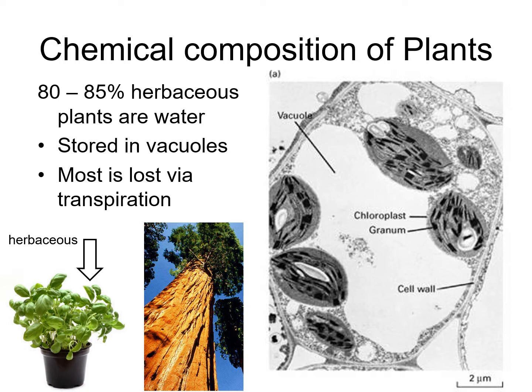If you can see on the right-hand side here, this transmission electron micrograph view of a cell, this large vacuole in the middle is full of water with a dilute solution of solutes, and that holds a lot of that water that gives herbaceous plants that kind of shape.